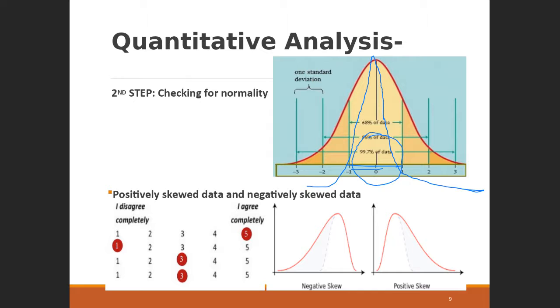If there is large standard deviation, it indicates that the data is spread out around the mean. So the normal distribution in such a case would be flatter. It would be like this. So the normal distribution, which is also called the bell curve, is dependent upon your standard deviation.